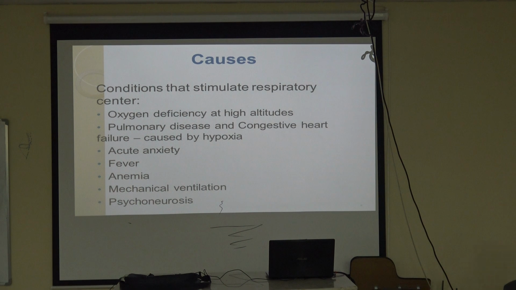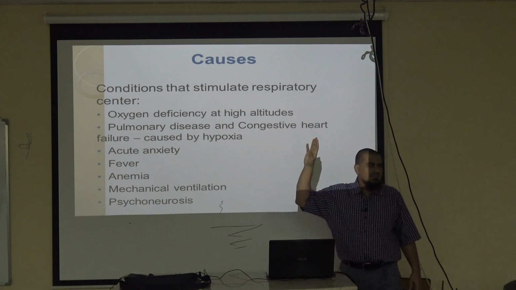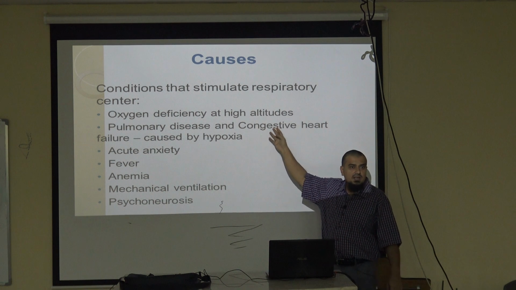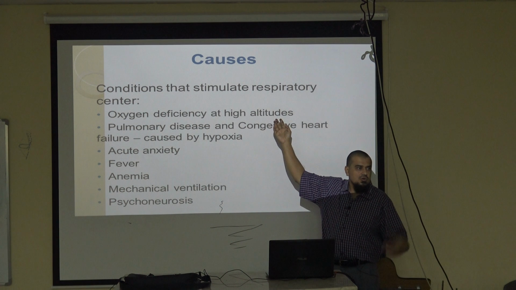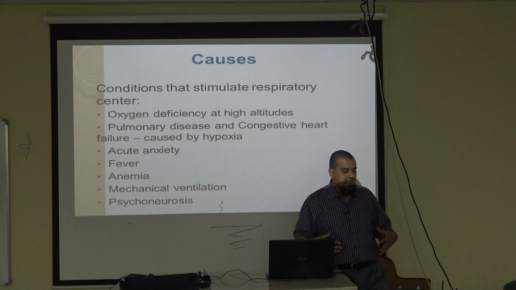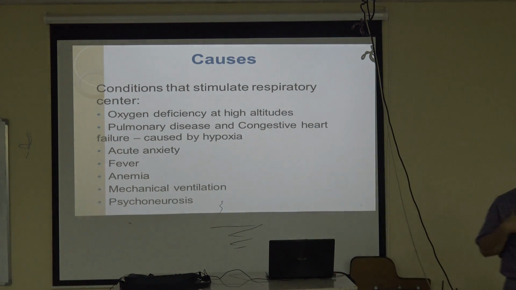Clear? So these are the conditions in which you can develop hyperventilation. Hypoxia, you want to bring hypoxia. Clear? So hypoxia can be a cause, whether it is at high altitude or due to blood, whatever the cause is. Similarly, sometimes patients are on a ventilator in the hospital, and the doctor says, please increase the respiratory rate, because that rate is under the control of the doctor.